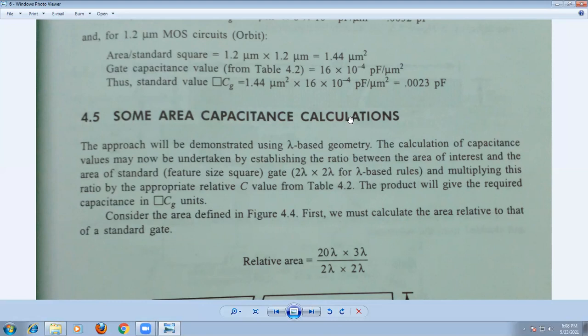A transistor can be represented by feature size square, or standard gate area, which is 2 lambda into 2 lambda in lambda based design rules.